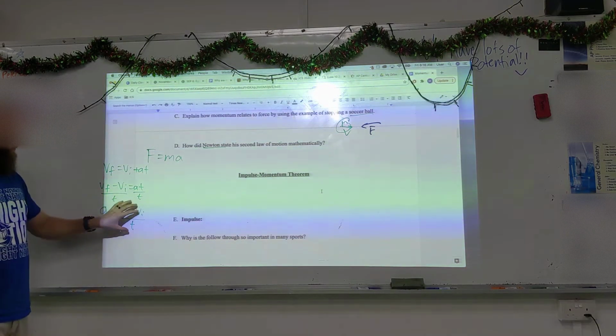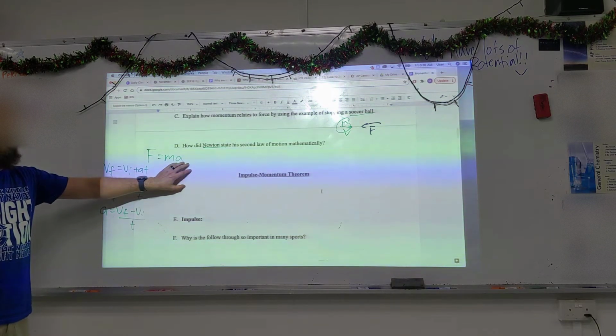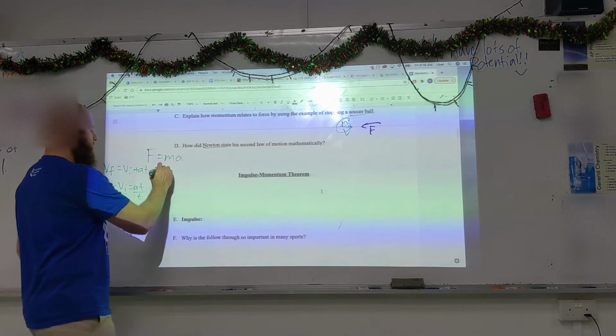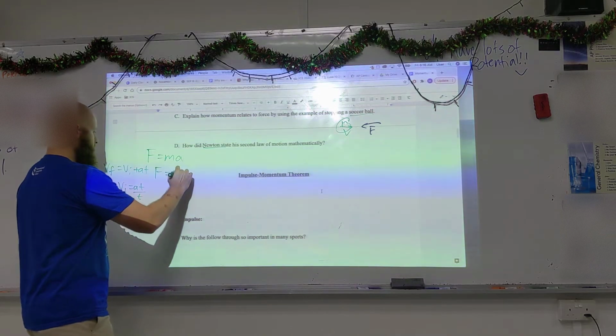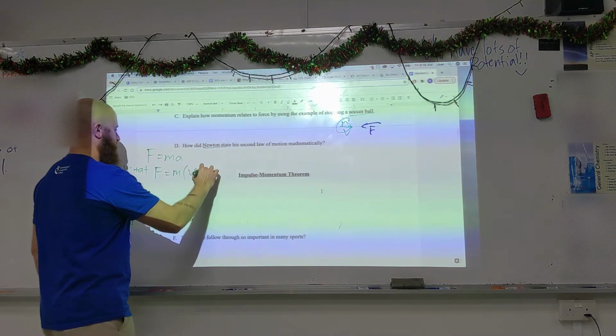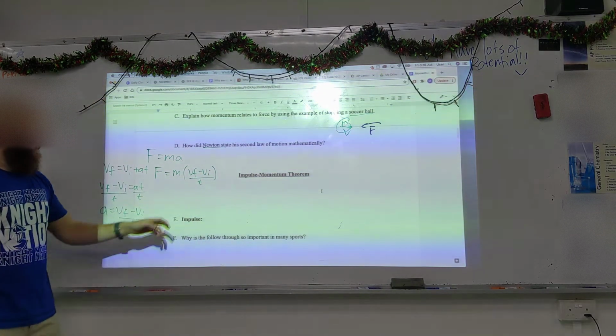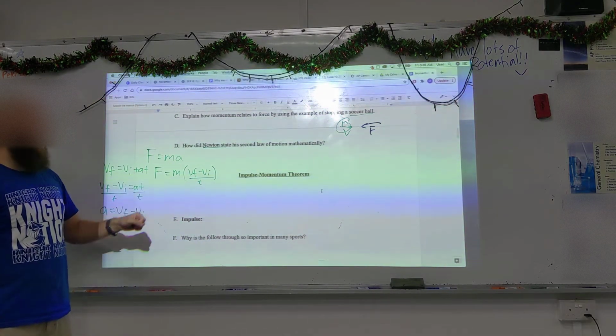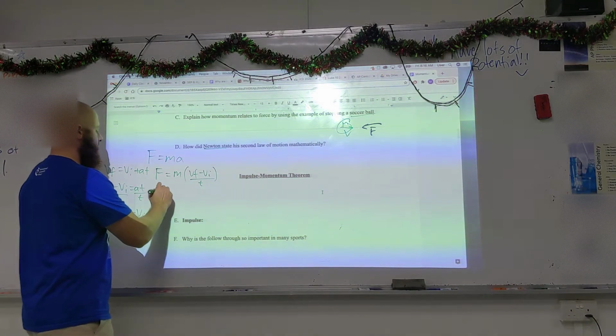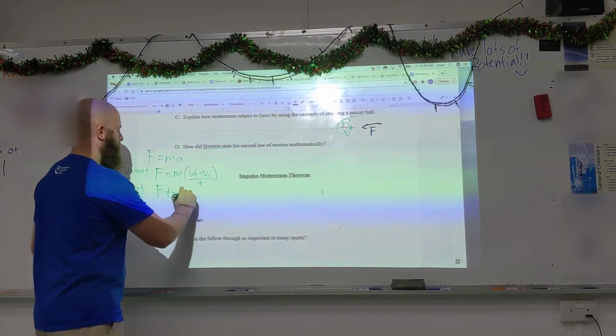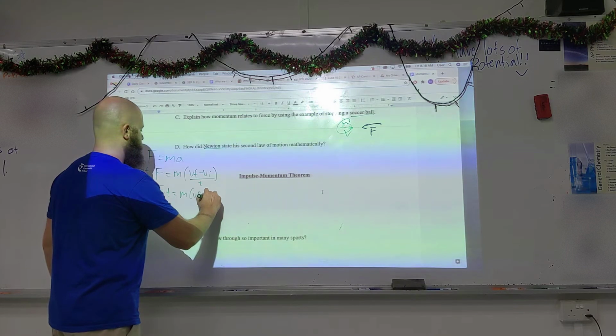So now what I'm going to do is take this and plug this in here, okay? So I get F equals m(Vf minus Vi) all over T, okay? Now, I'm going to take this T and move it to the other side, and you'll see why in a second. F times T equals m(Vf minus Vi).